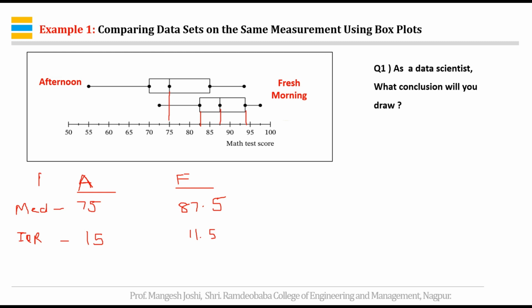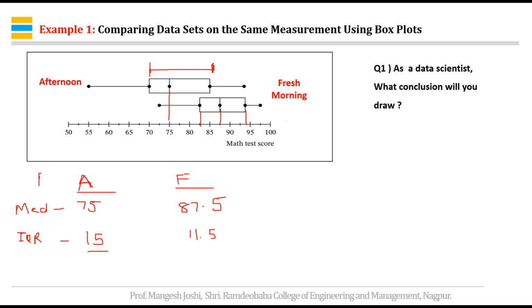So if the IQR is more, the length of the box will be more. That indicates the data is spread over more values. In the second case, you can observe that it is spread over a smaller area.